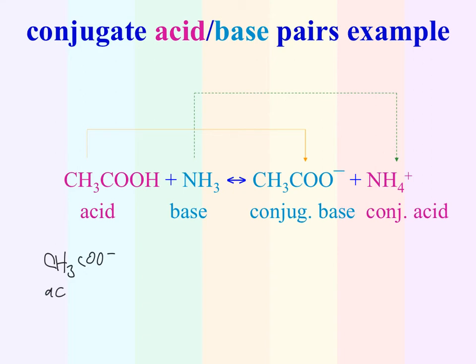This is acetate, and in the case of adding that H, that's right here, this actually becomes acetic acid. And we just talked about NH3 being a weak base. You must memorize this. This is ammonia, guys. Just know it.